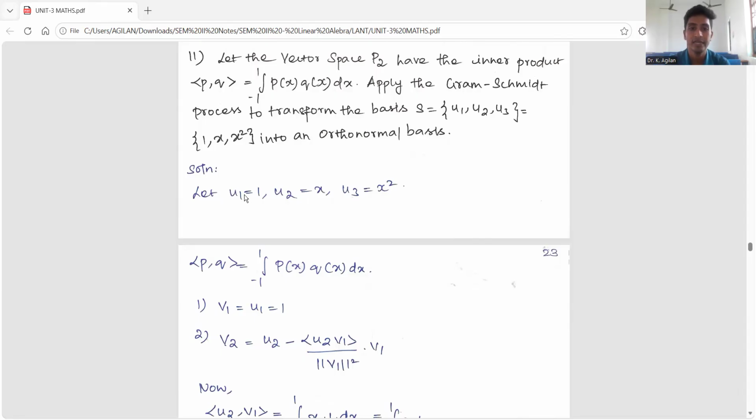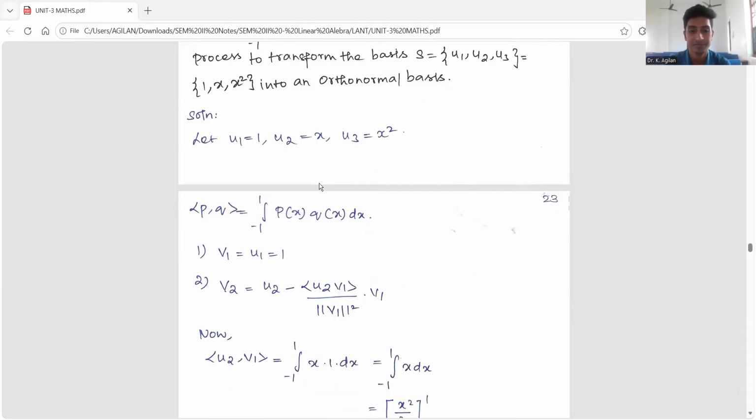Let u1 equal 1, u2 equal x, u3 equal x^2, where the basis is nothing but 1, x, x^2. From this, we can consider u1, u2, u3, right?